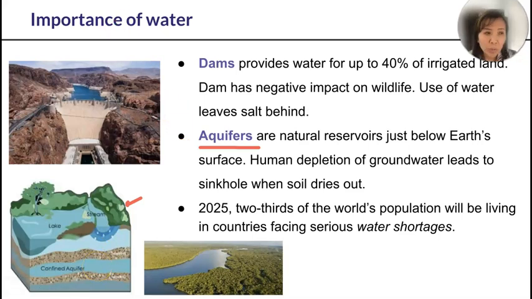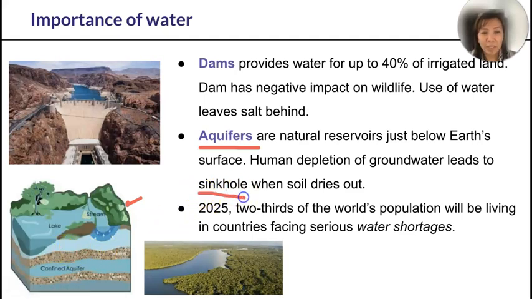One of the rising issues, however, is that humans are accessing the aquifer, but they tend to deplete the groundwater of all the water that's in this aquifer. And that leads to the soil drying out, and then the soil settling and causing what we know as sinkholes.